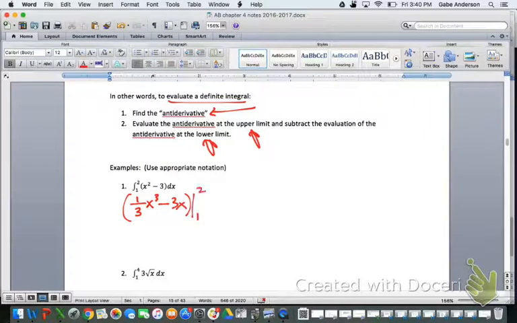That's what that vertical line means with the 1 and 2. It means evaluated from 1 to 2. So now I'm going to plug in the upper limit, so that would be 1/3 times 2 cubed minus 3 times 2. Then I'm going to subtract from that the evaluation at the lower limit, so that would be 1/3 times 1 cubed minus 3 times 1.